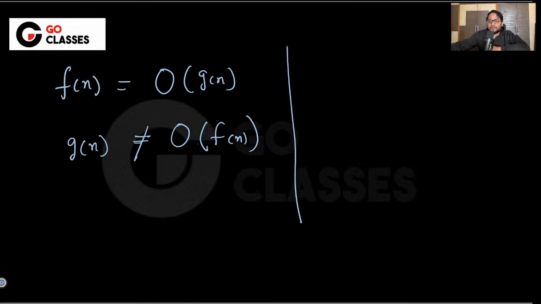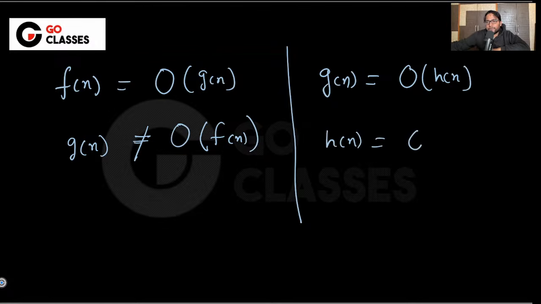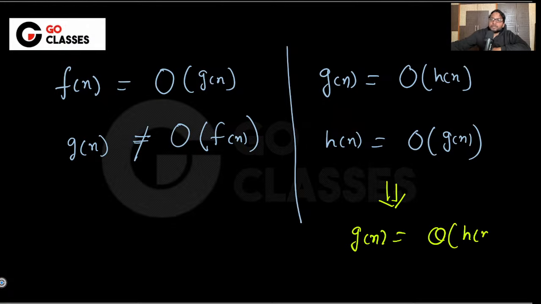One thing is something like this, and another thing is Gn equal to order of Hn, and Hn equal to order of Gn. If they are saying that both are related by big O, then both are theta. Gn equal to theta of Hn, right? If they are saying one is lesser than equal to, and another one is not lesser than equal to, it means definitely they are not theta.